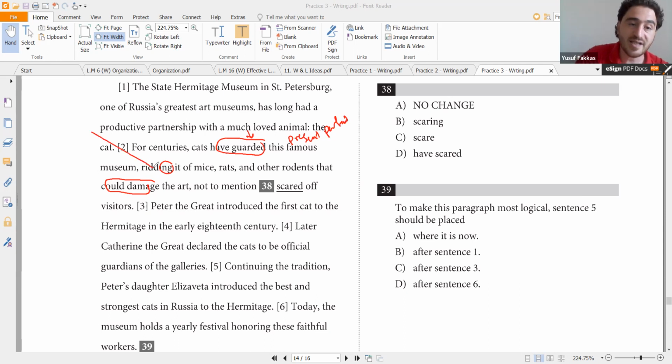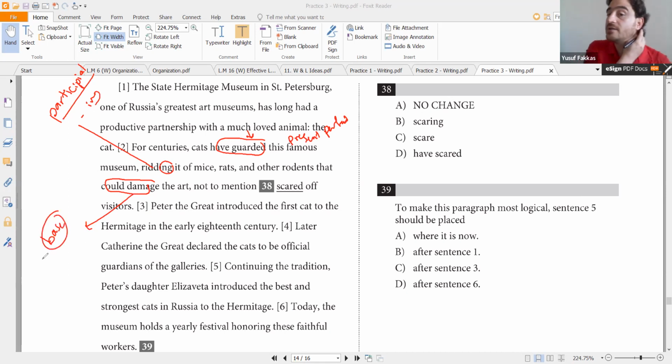The second one is participial, or present participle, ing. And the third one is base form, damage. Okay, so what should we do? Here we have ing, here we have base, here we have present perfect, and here we have ed.